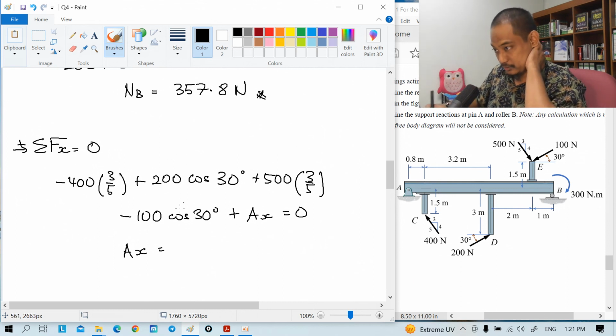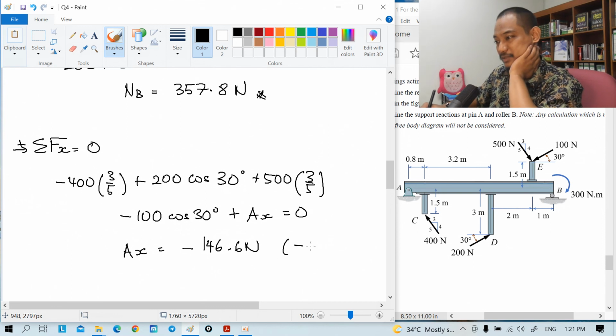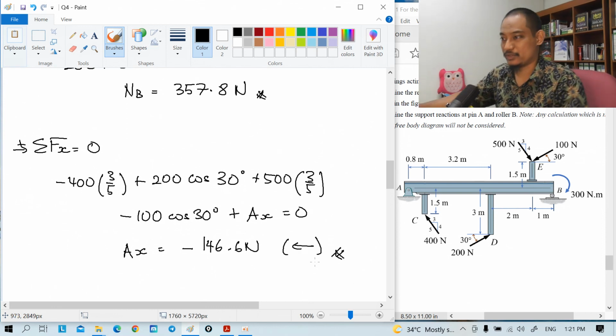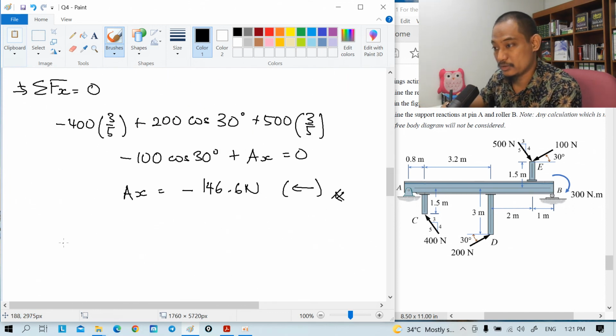You get minus 146.6 Newton. So minus means it's to the left direction actually, because we assumed to the right in our free body diagram here, right? Okay, so summation of Fy equal to 0, upwards positive.